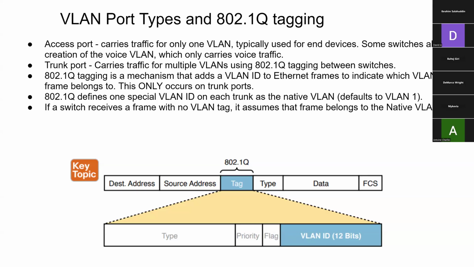But the control plane within both switches knows to read it as VLAN 1000 because it doesn't have a tag. Make sense?